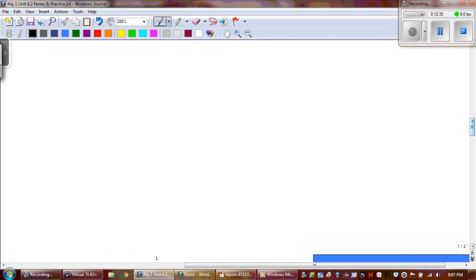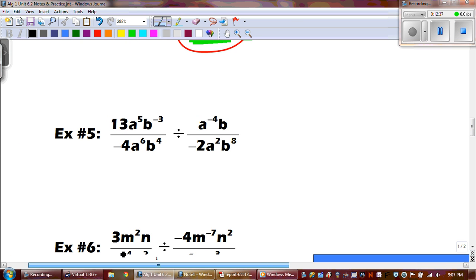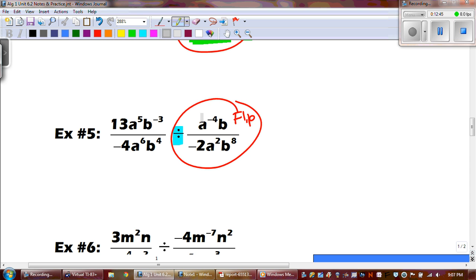Okay, the only thing that's different now is that first step, where when we see division, I know that we have to flip. And we have to make sure to keep track. Okay? So we have 13 a to the 5th, b to the negative 3rd, over negative 4, a6, b to the 4th.